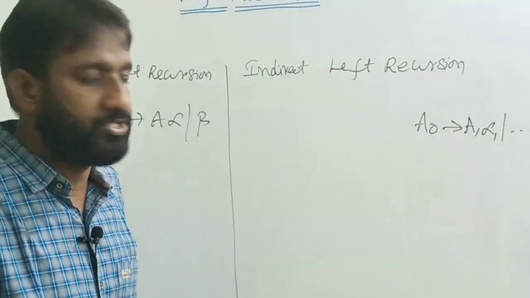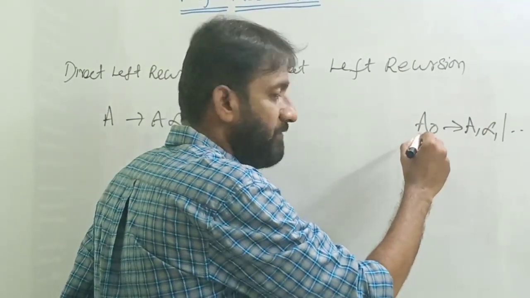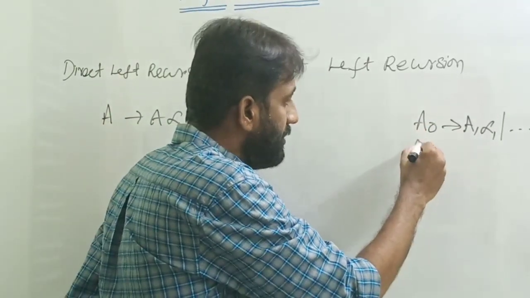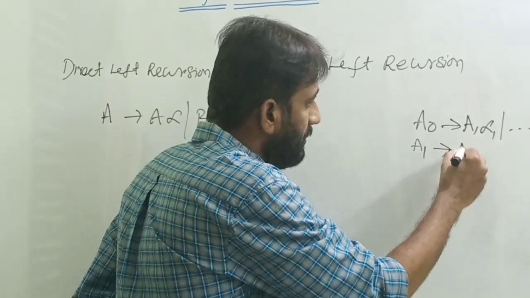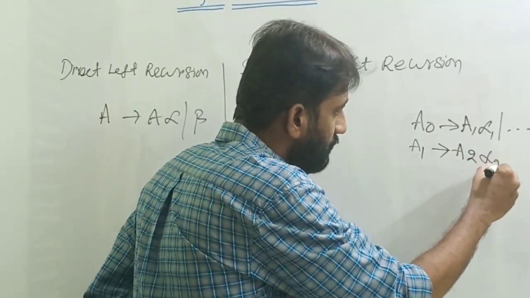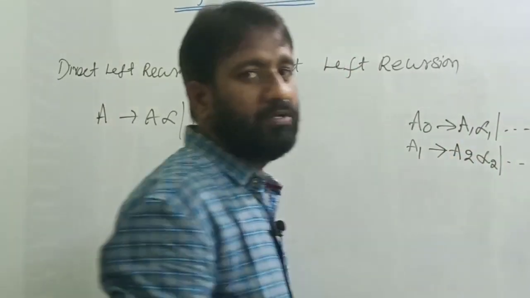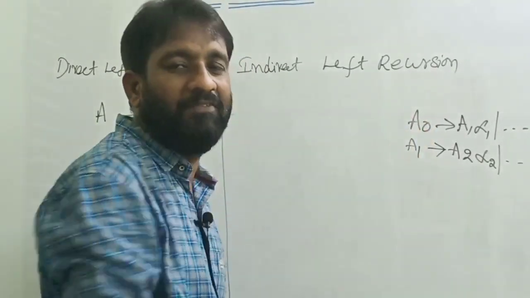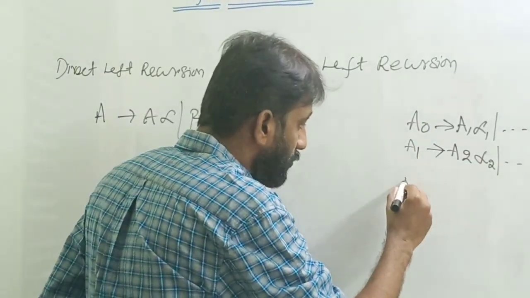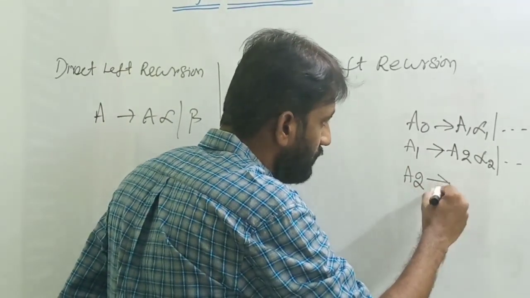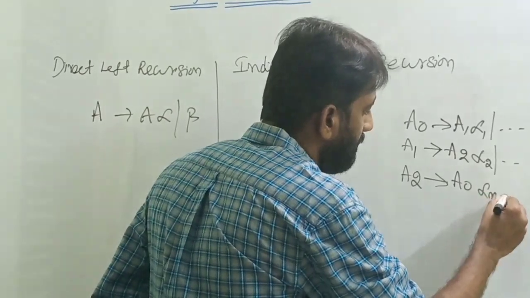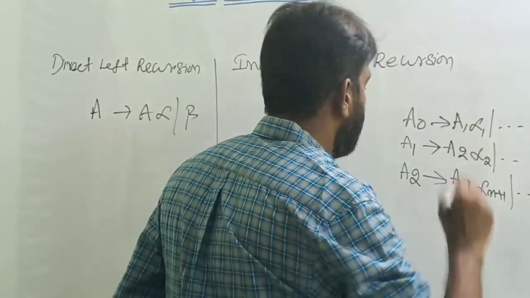If I add one more production to the grammar, now A1 tends to A2 alpha 2 and so on. Still there is no direct or indirect left recursion. If I write one more production like A2 tends to A0 alpha n plus 1 slash and so on.